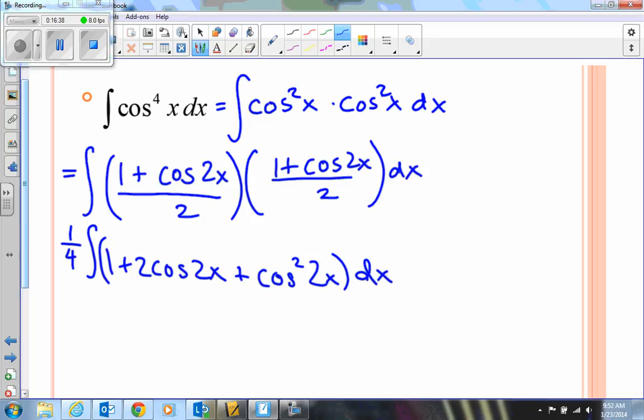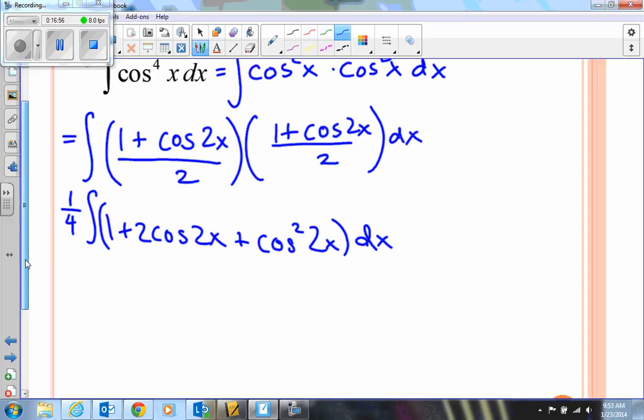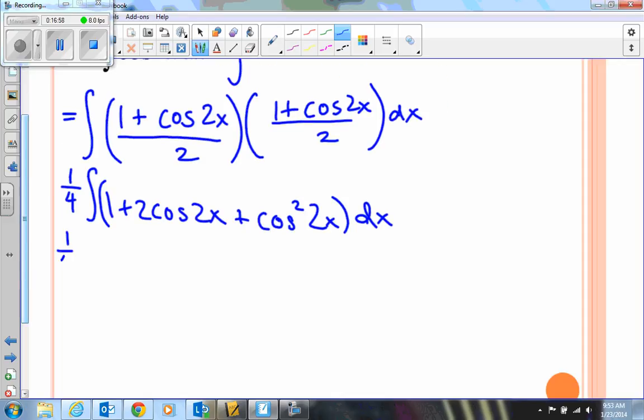I can integrate a cosine of 2x with a coefficient pretty easily. Oh, no. Cosine squared again, so I get to do it again. All right, so we have to do it again.